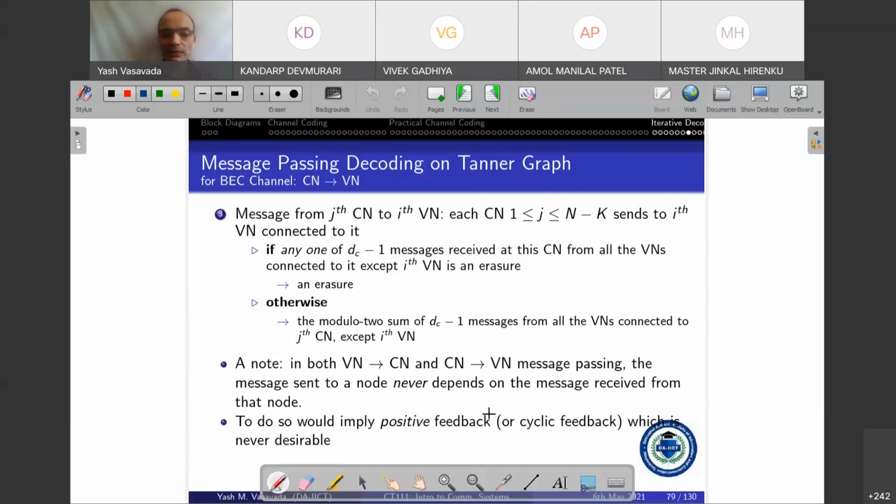Okay, so we will later on see that this algorithm, the belief propagation or message passing, can be thought of as flow of a river in some sense, in a very, very loose manner.